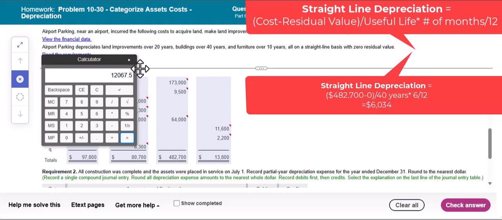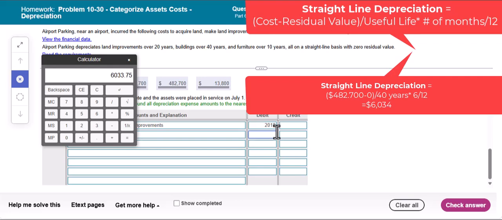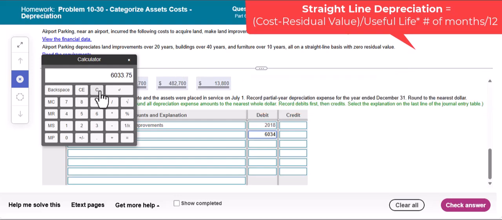So let's go ahead and divide this by 12 to get what the amount is per month, and multiply that number by 6 to get, again, half a year of depreciation for the building, and that is $6,033 and 75 cents. However, again, we need to round this up. So that's going to be a total of $6,034 rounded up. And go ahead and clear our calculator here, and we can move on to the furniture.